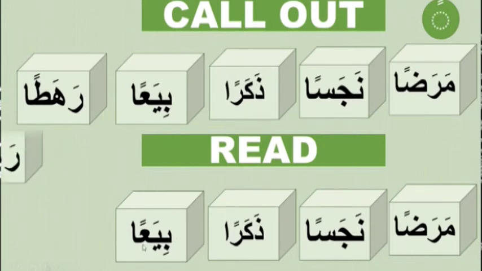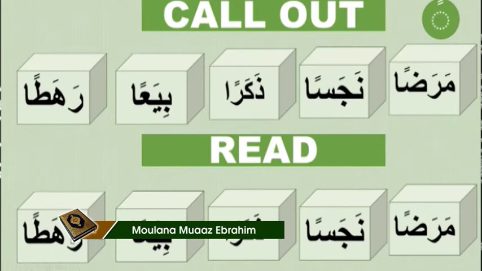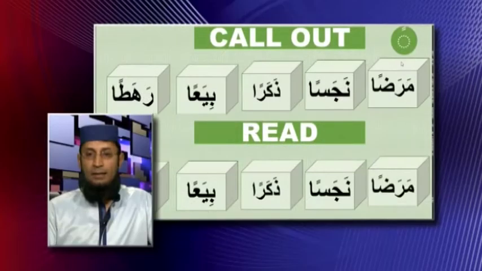Biya'an. And the last example, rahatan. So let us look at the difference in the two now. Call out phase, maradan. Reading phase, maradan. Najasan, dhakaran, biya'an, rahatan. That's how you do the reading phase.